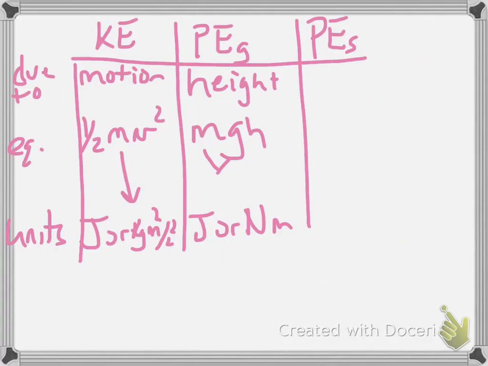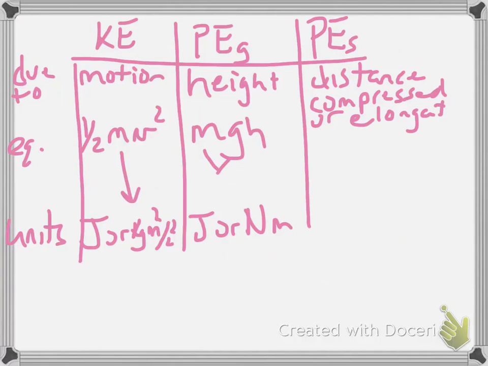Potential energy in a spring. This is due to the distance the spring is either compressed or elongated. And our equation for that is 1/2 kx squared.